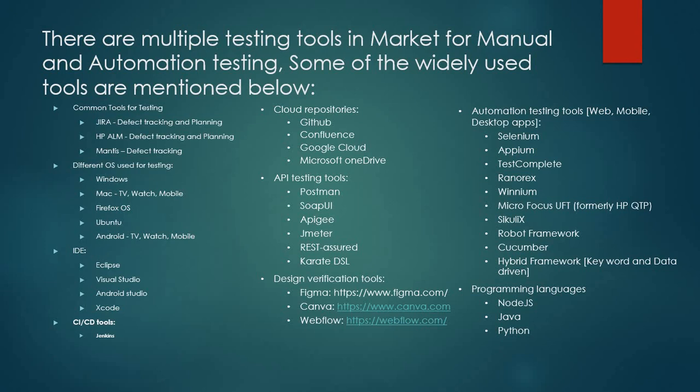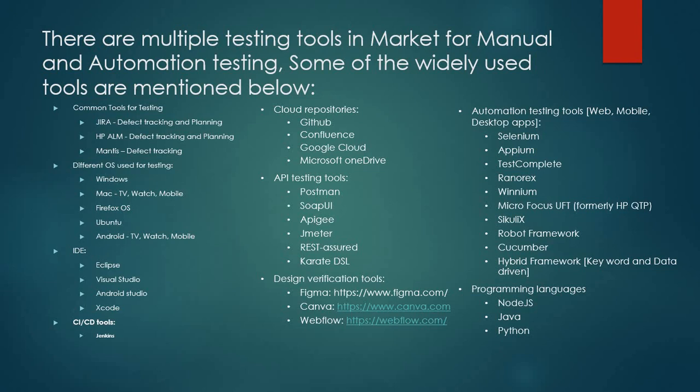And moving ahead with API testing tools. When you say API testing, testing the request and response, all these things come in. There are two types of API. One is SOAP, one is REST.